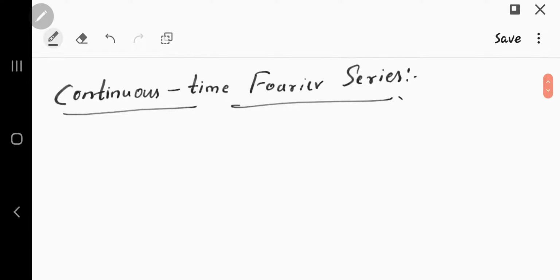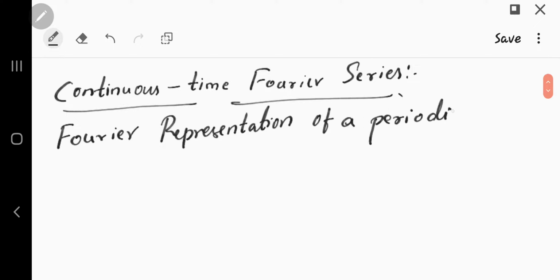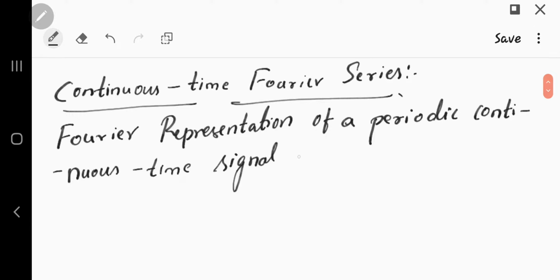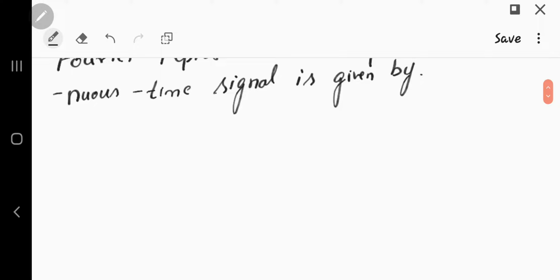Now, we call this the Fourier representation of a periodic, continuous time signal. It is given by two expressions, or two equations.